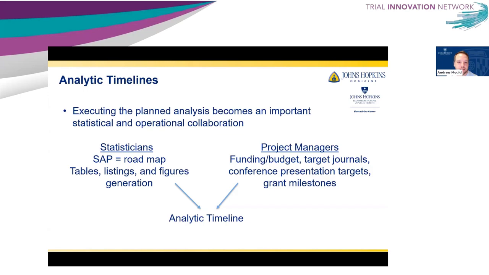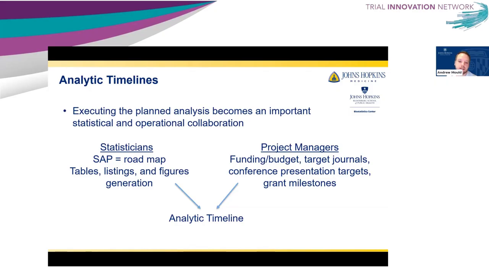From the operational side, you're looking at funding, budgets. Is there a target journal in mind? Are there requirements for timeliness of submission for those results after the trial concludes for that target to have peak interest? Are there conference presentation targets where a therapeutic area's annual conference that's well attended is in 4 months' time, and it would be ideal to have your results shared to such an audience?